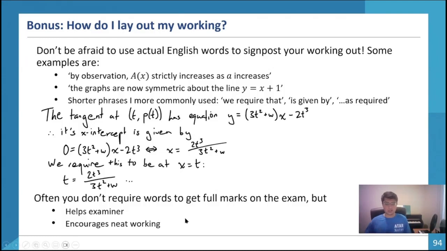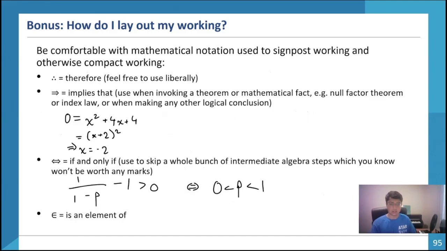Section it off into different sections, where in each section you're achieving a particular task that eventually gets you closer to answering the overall question. And having neat working is very good when it comes to the exam because you only have a limited space to be writing your answers, so you want to make sure that you're organizing your working to fit in that space.